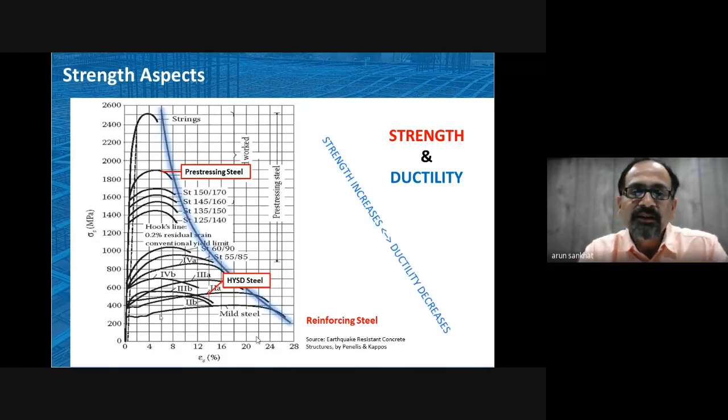So ultimately this is the trend: if strength increases, ductility decreases across the variety of materials, and we need to be more cautious about pre-stressing steel. It has less ductility. We need to enhance this ductility by other means and methodologies so that enough ductility is ensured in the structure, in the material, in the element.